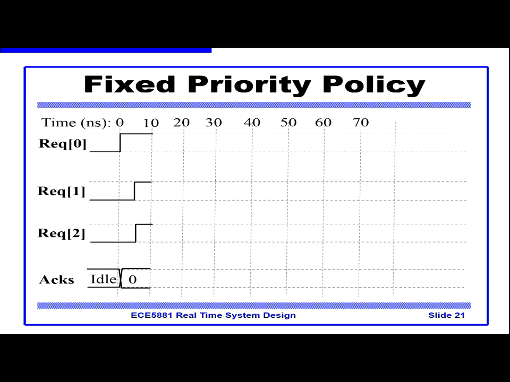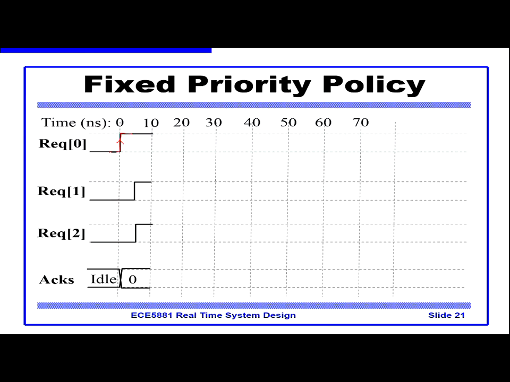Okay, so let's get started here. This is the setup that we just described. So request 0 is asserted at time 0. So that's done with a 1 on the request line. And so the arbiter initially will just see a 1 on request 0, 0 on request 1, and 0 on request 2. That's what it sees. And you're going to act as the arbiter.